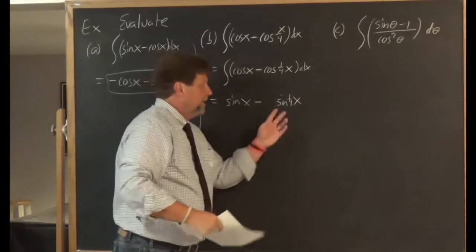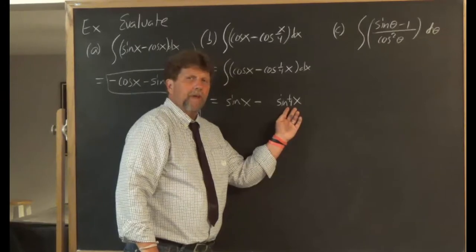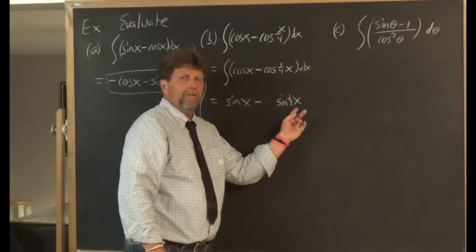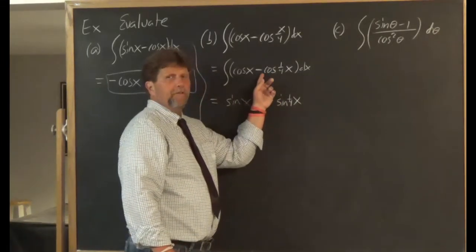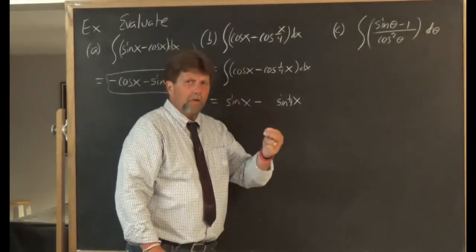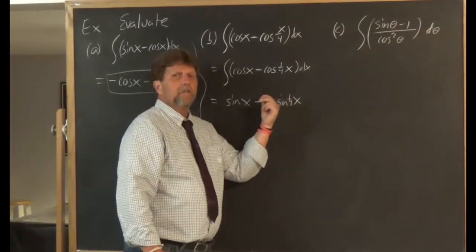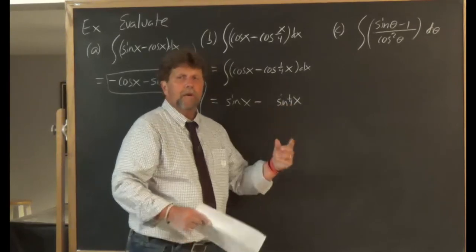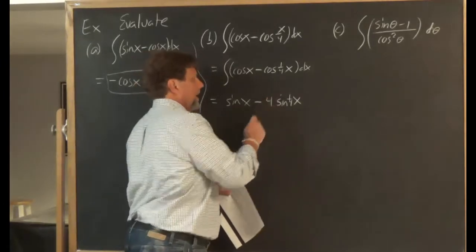Now keep in mind, if you were to differentiate the sine of 1/4 x, you'd get cosine of 1/4 x times 1/4, the chain rule. You'd have to differentiate the 1/4 x, which gives you a 1/4. There's no 1/4 in front of the cosine x, so I have to insert a little multiplier. If I were to check this, I need to insert a multiplier that, when multiplied by the 1/4, would end up being neutralized. It would be a 1. I need to insert a 4.